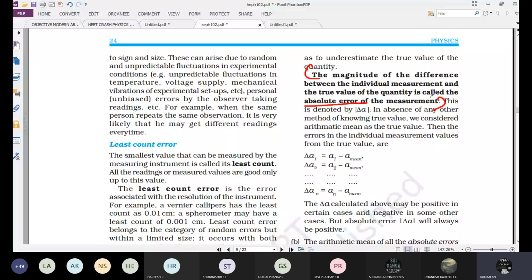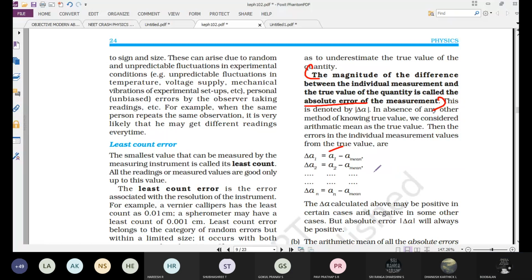So this is the absolute error formula, del A1 minus A mean. A1 means the experimental value. Both are the same only because we are taking the modulus. True value minus experimental value is also the same.